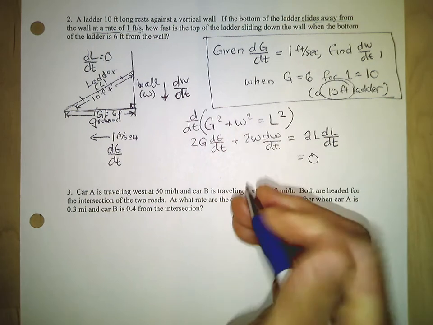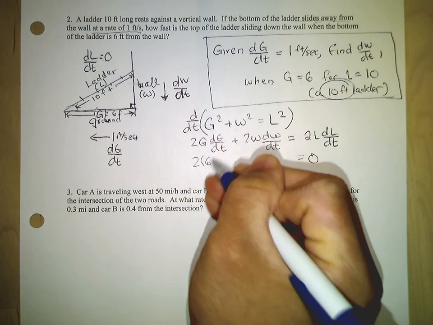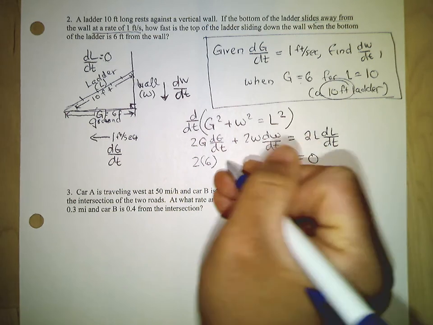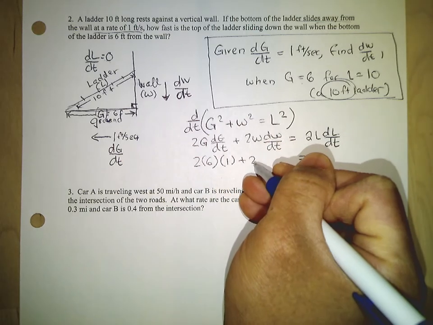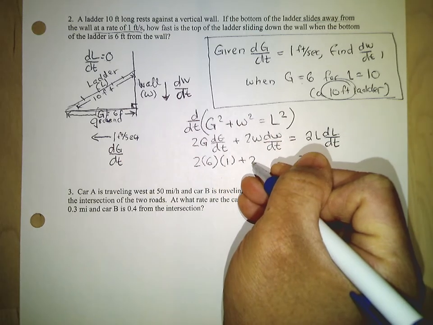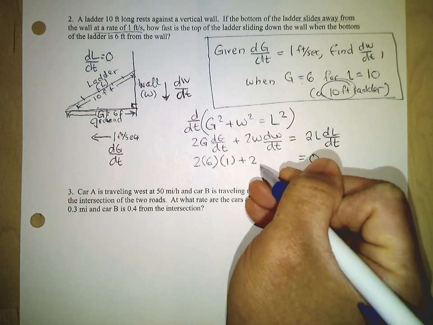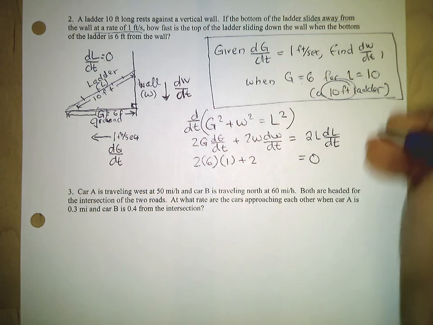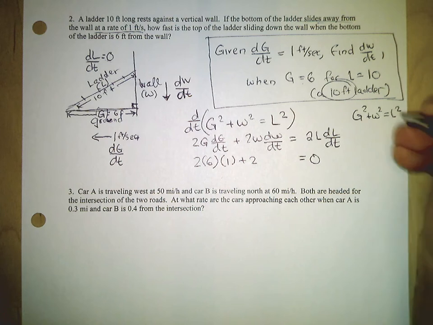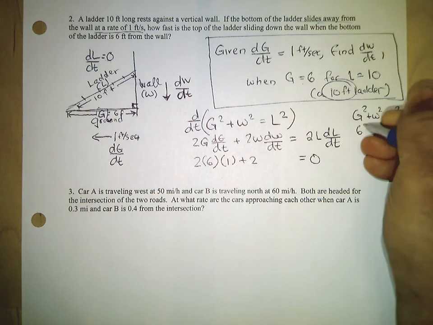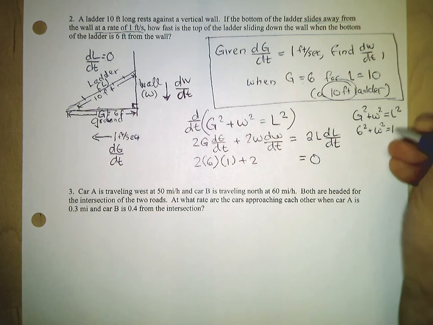All right, so now we have 2 times the g, which is 6, and then dg/dt, which is 1, plus 2 times the w. Now, by the way, we can find w because, look at this, g squared plus w squared is L squared, but g was 6 and w was missing, but L was 10.